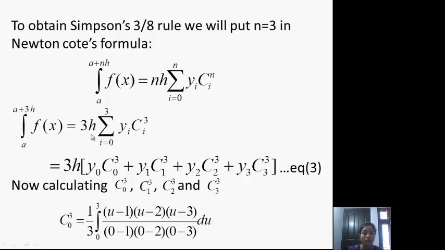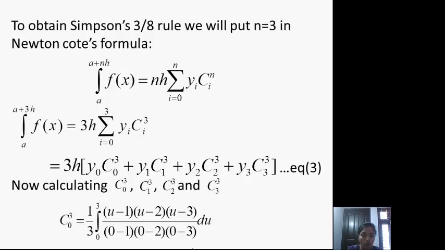So here this function will become 3h summation i equals 0 to 3 of y_i C_i^3. Now here we have to find the 4 Cotes numbers, that is from C_0^3 to C_3^3, and again we follow the same procedure as we have followed in Simpson's one-third rule.